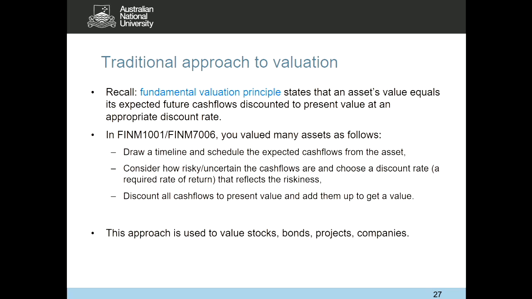Then you will schedule the future cash flow at each point in time. Then you estimate a discounting rate using the capital asset pricing model. Then you discount all the cash flow back to the present, right? So that's the way we get the present value. That's the way we value the stock, we value the projects, and we value companies. So that's called the traditional approach.